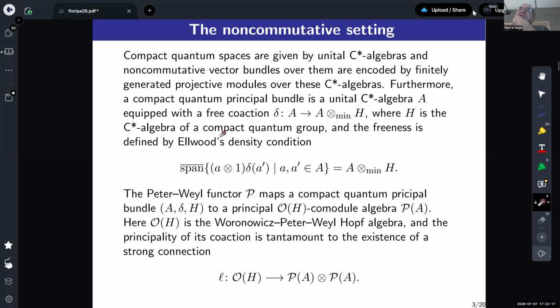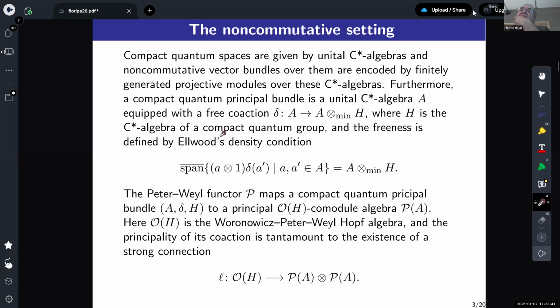And much in the same fashion, we constructed the Peter-Weyl functor, which maps a compact quantum principal bundle, which is given in the C*-algebraic setting, into a principal O(H)-comodule algebra, where O(H) is exactly this Woronowicz Hopf algebra, and the principality of its coaction is tantamount to the existence of a strong connection.